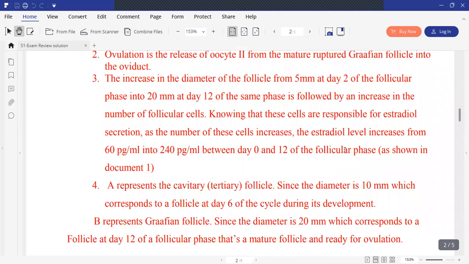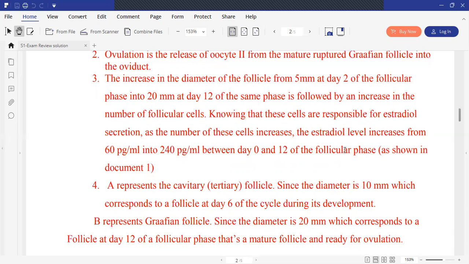Document 3 shows the follicle at two different stages of development in the ovary during a sexual cycle. Number 4, name the follicle represented in each of the photos A and B. A represents the tertiary or cavitary follicle, since it's 10 millimeter, which corresponds to day 6 of the cycle during its development.